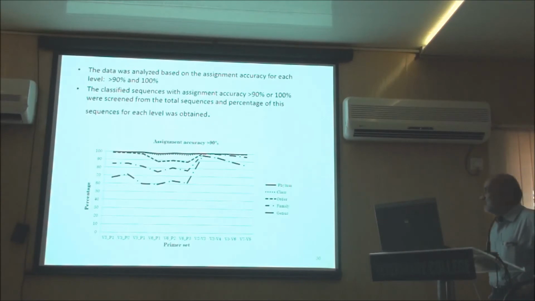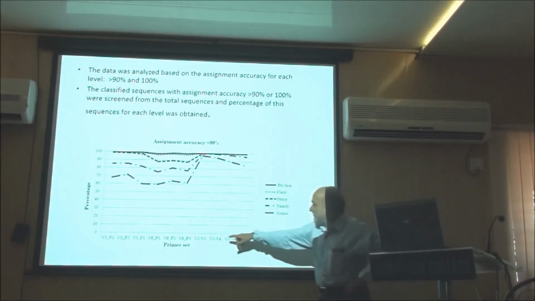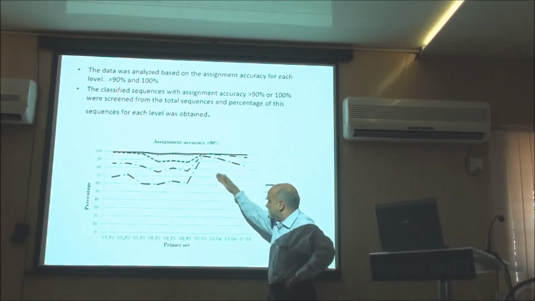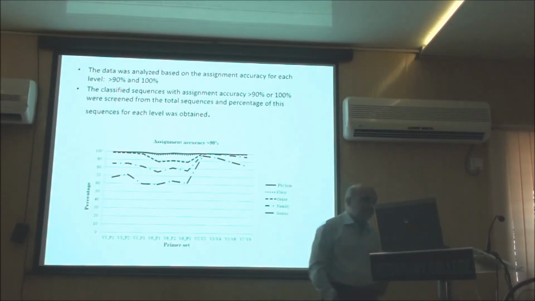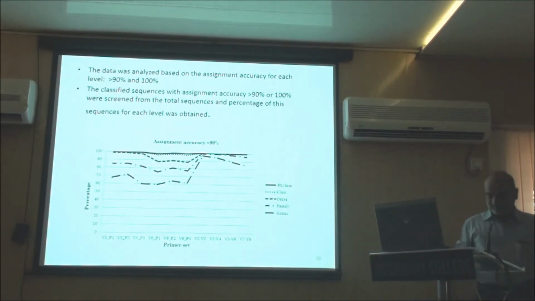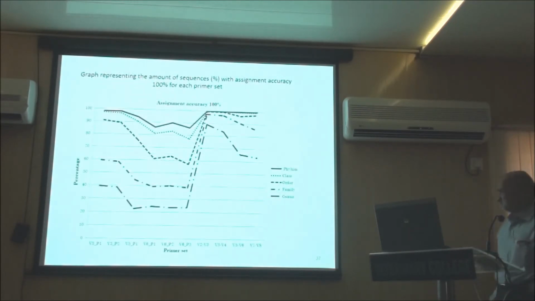Again you can see that the combined V2, V3 region gives you the highest efficiency of taxonomic assignment. And if you use 100%, again the V2, V3 or V3, V4 regions give you the best taxonomic assignment at the 100% assignment accuracy level.